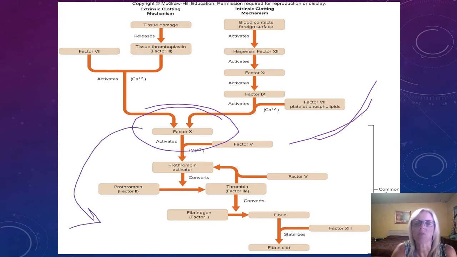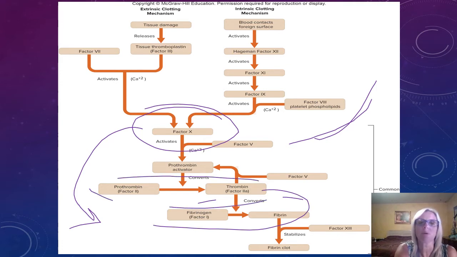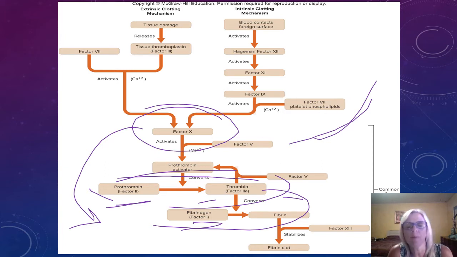Fibrinogen and fibrin are very important components, as well as thrombin and prothrombin. It's hard to say those, they're tongue twisters. These guys here are kind of like precursor molecules. So what will happen is something will be tacked on, or usually something's taken off to make the next molecule, which activates it, all right?